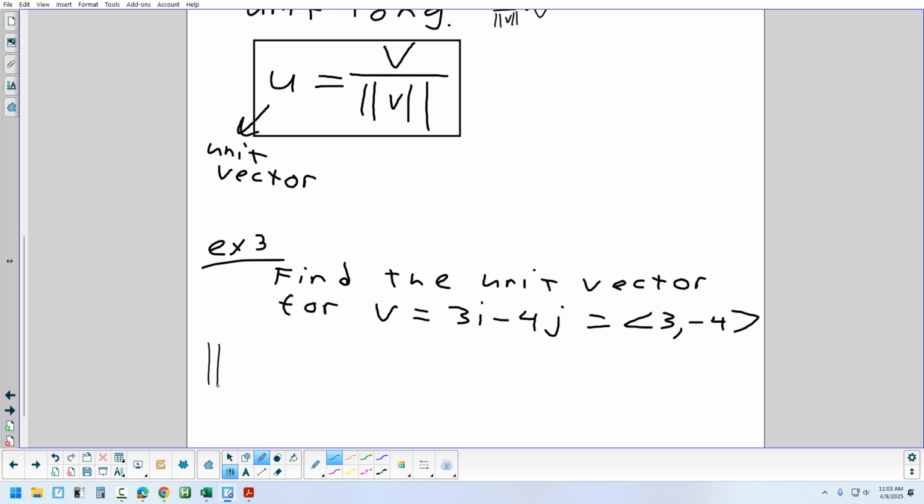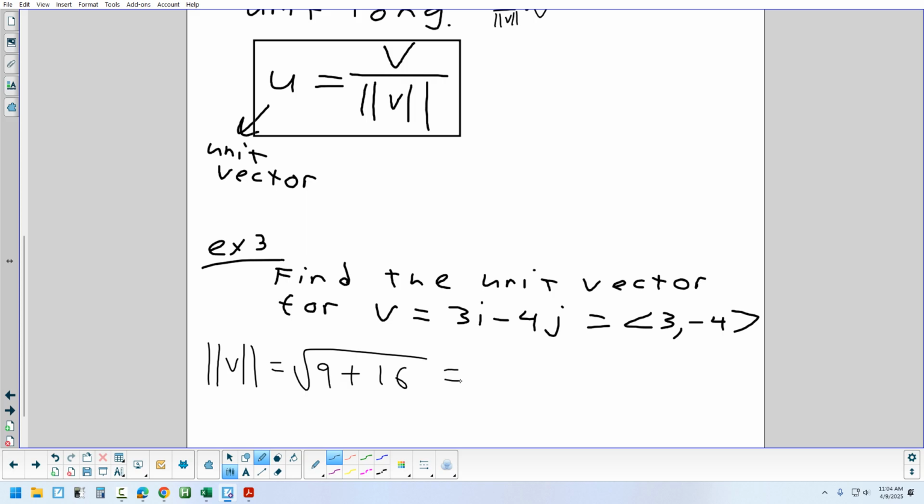Can someone remind me from yesterday? I think the very last problem we did. How do I find the magnitude of vector v? Take the square root of 3 squared plus 4 squared. Right, Pythagorean theorem. Square root of 3 squared plus 4 squared. And that's going to give me a magnitude of 5.